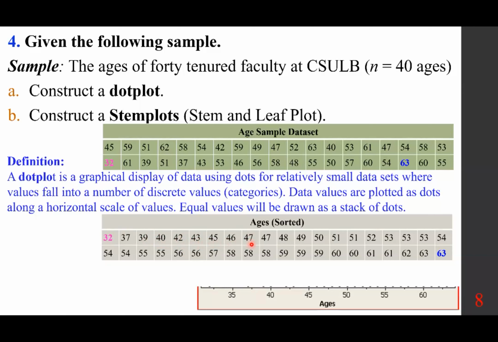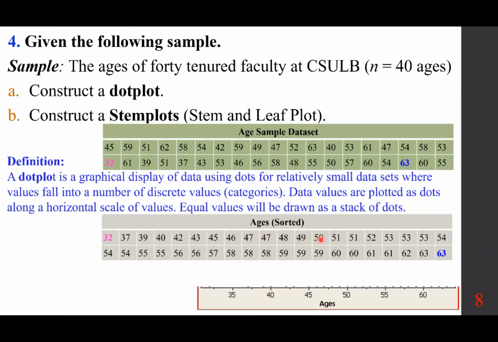What happens when I hit 47? I look at 47 and I put 1 dot for this one, and then I stack 1 more. I put 2 dots, and that's what I want you to notice. So for 47, I will have 2 dots.